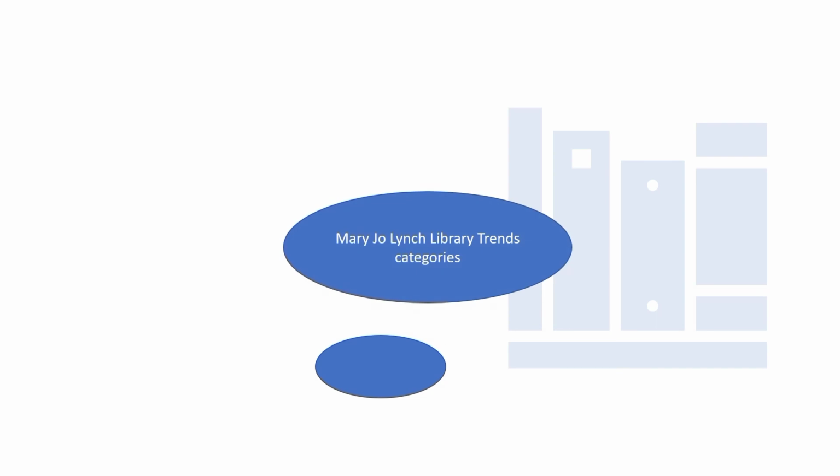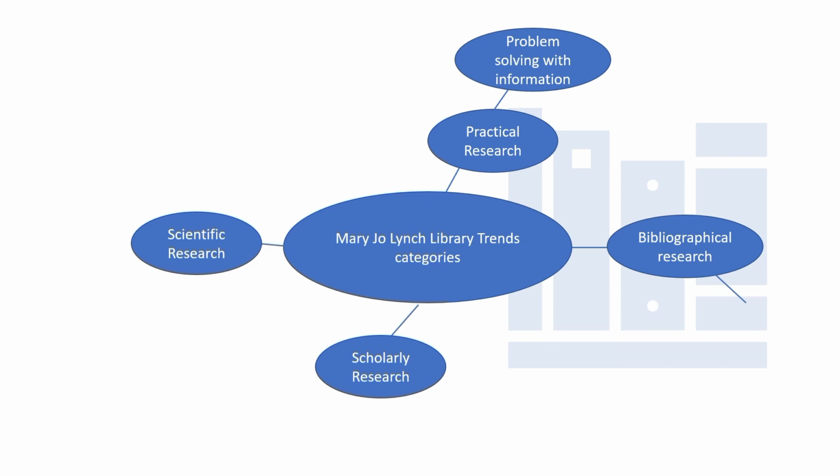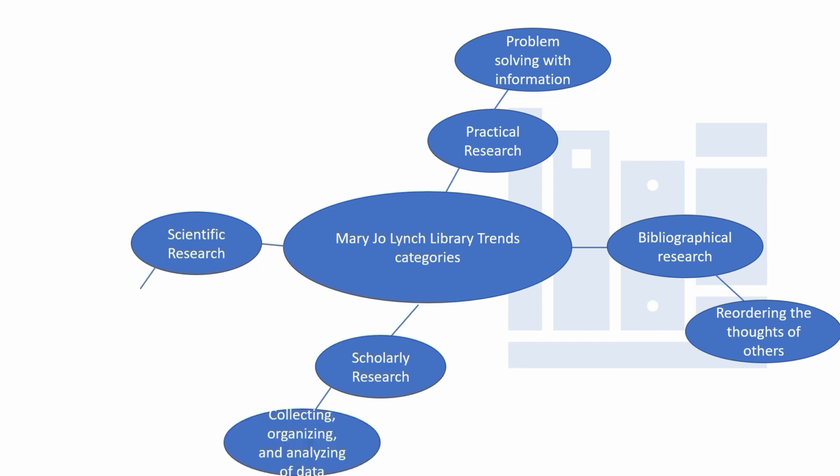Mary Jo Lynch identified her own general categories for describing different research activities as practical research, bibliographical research, scholarly research, and scientific research. She categorized practical research as problem solving with information, bibliographical research as reordering the thoughts of others, scholarly research as systematic collecting, organizing, and analyzing of data, and scientific research as discovering new knowledge.